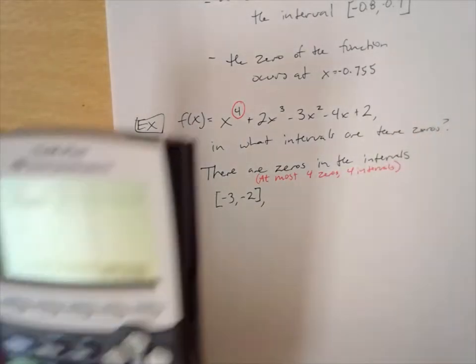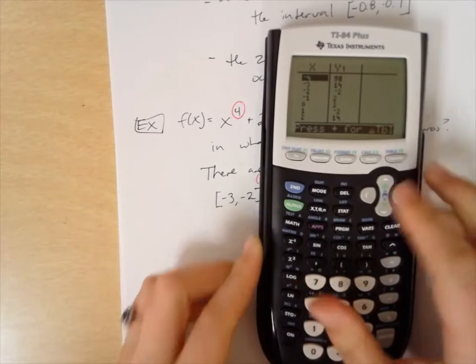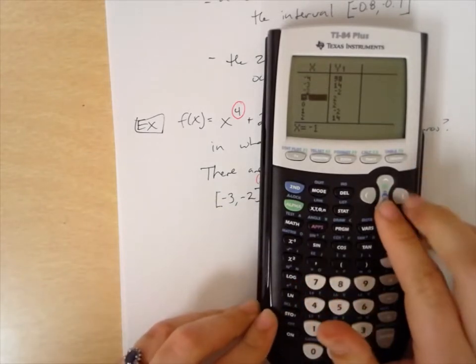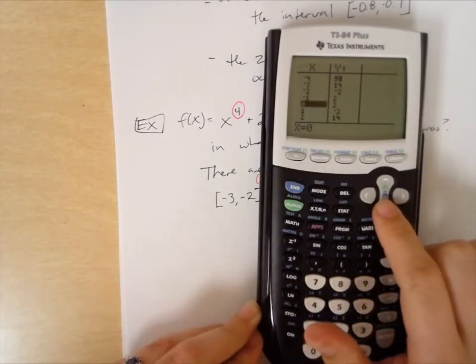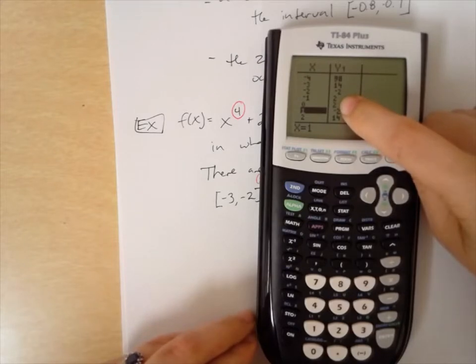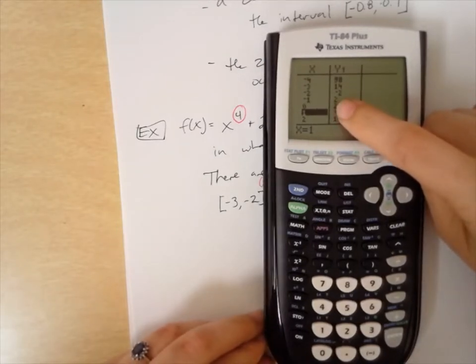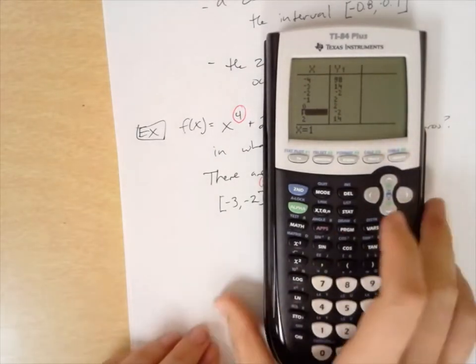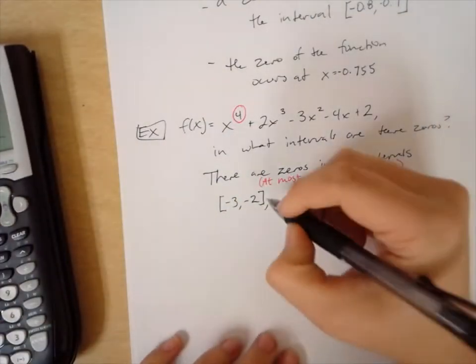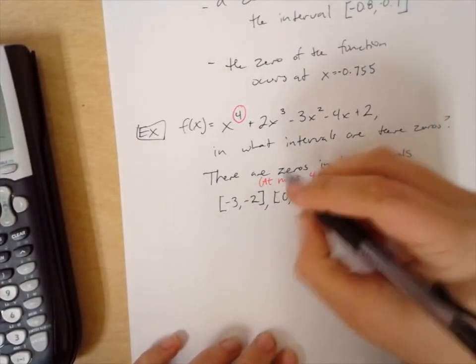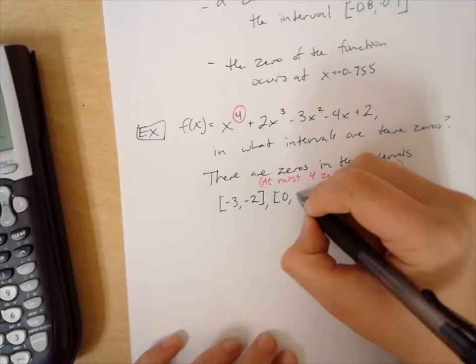All right, so to go from -3 to -2, there's definitely a 0 in there. And if we take a look from 0 to 1, we go from +2 to -2, so there's definitely a 0 in there. You can say from the interval 0 to 1.